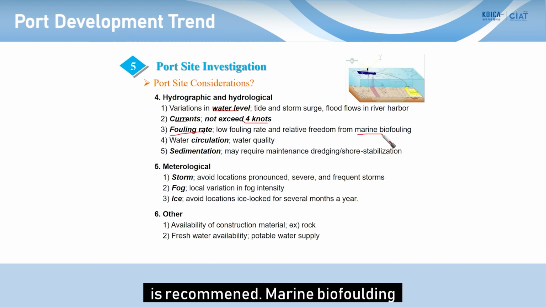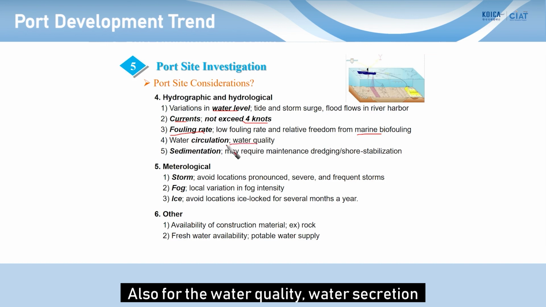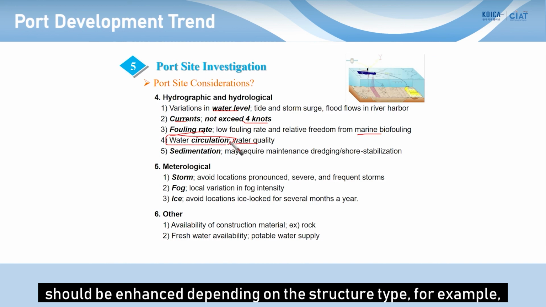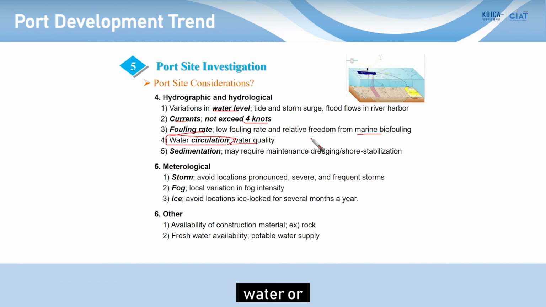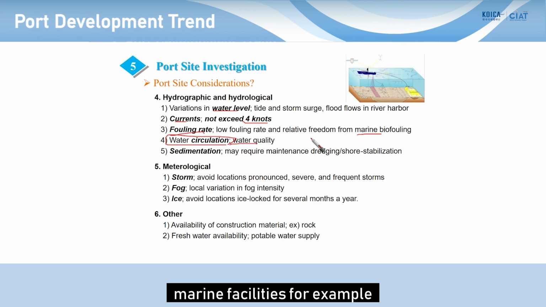Marine biofouling causes problems to marine structures, including buoys, navigation aids, etc. And also for water quality, water circulation should be enhanced depending on the structure type, for example, breakwater or a mooring facility, for example, quay jetties.